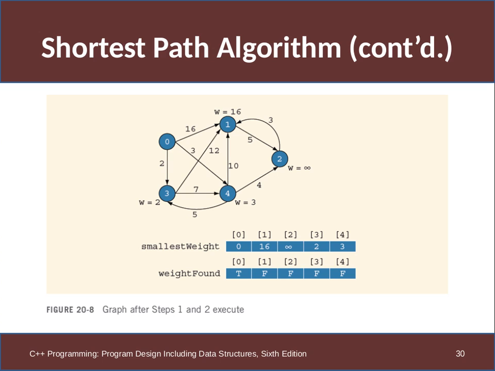So we're going to visit the 3 next. You're talking about the weights, not traversing the other. Right. So your next step is to find the one with the smallest weight that you have not found yet. So it's the smallest up here that has a false down here.